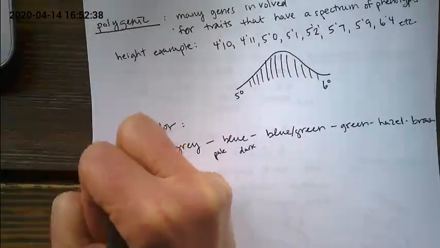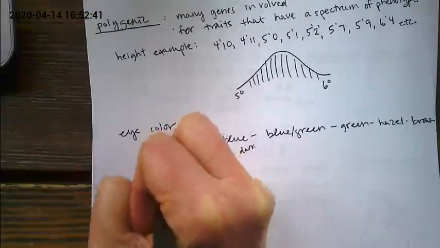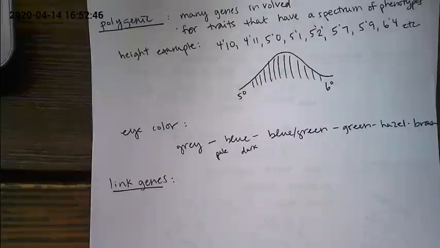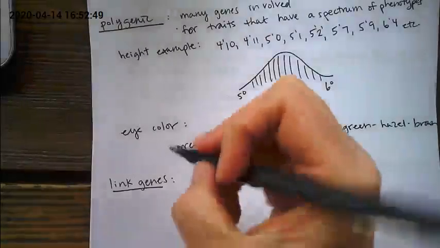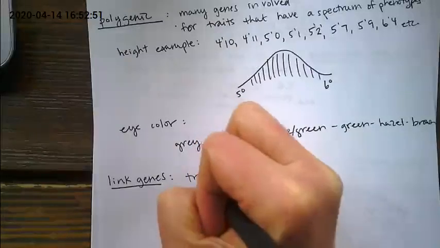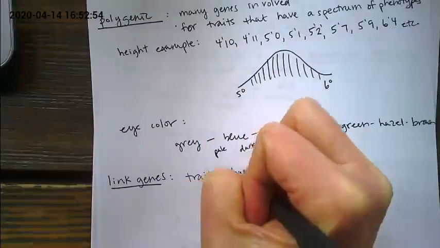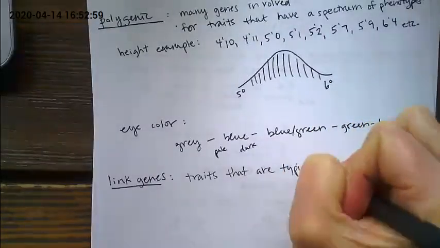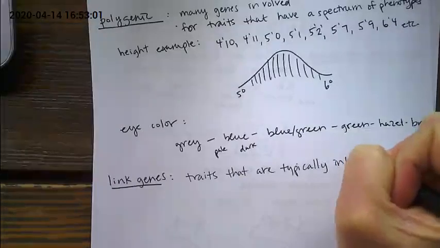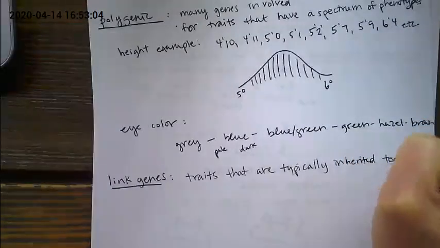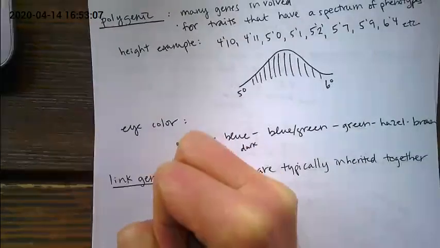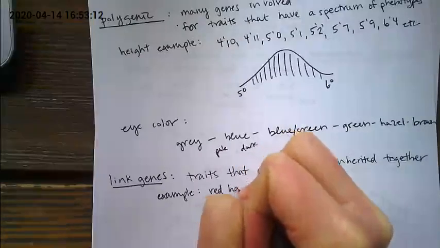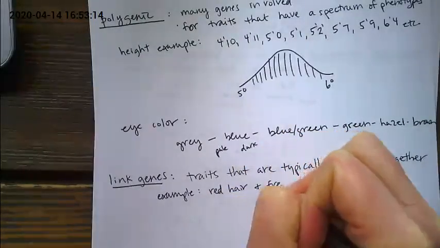Another vocab word they went through was linked genes. This refers to genes that have a tendency to be inherited together. So traits that are typically inherited together. An example would be red hair and freckles.